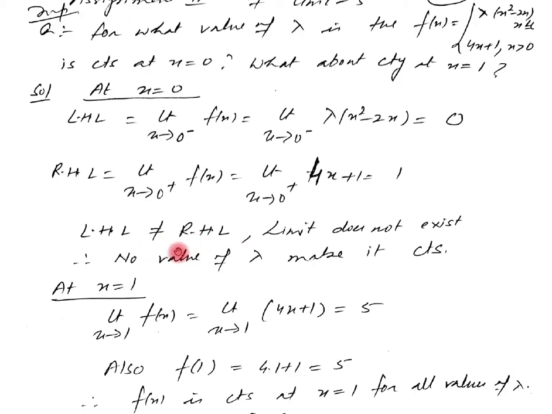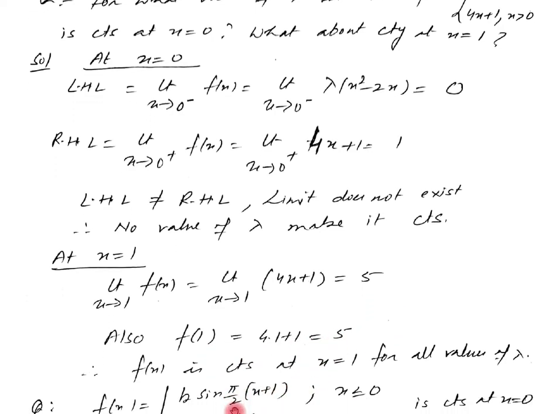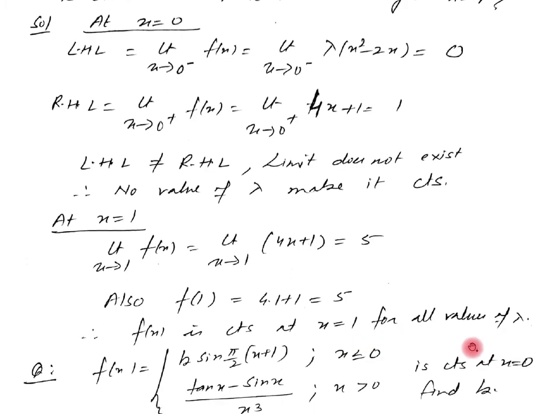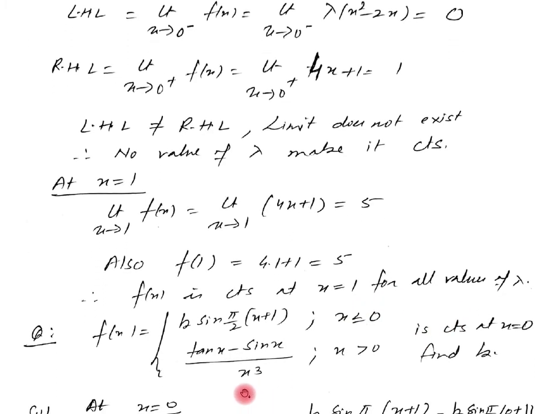The limit does not exist, therefore no value of lambda can make it continuous. But for x greater than 0, at x equal to 1, we find the limit of the function is 5 and also the value of the function is 5. So we can say the function is continuous at x equal to 1 for all values of lambda. Now see another question.